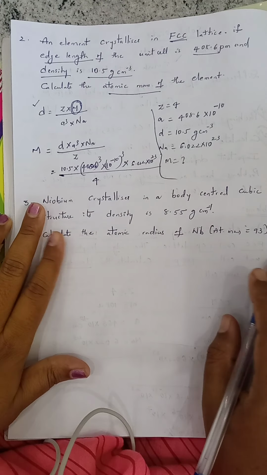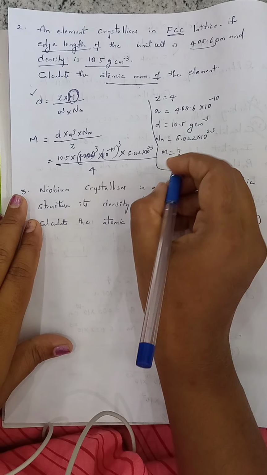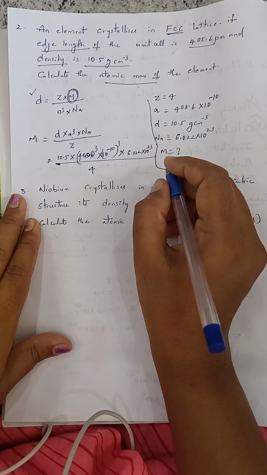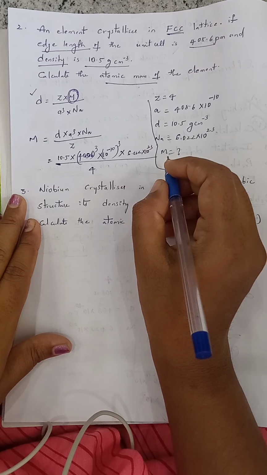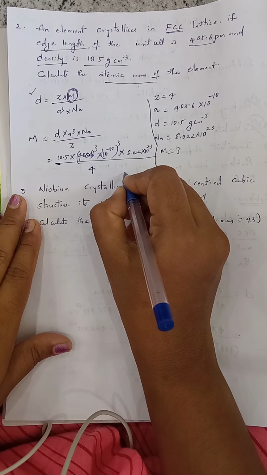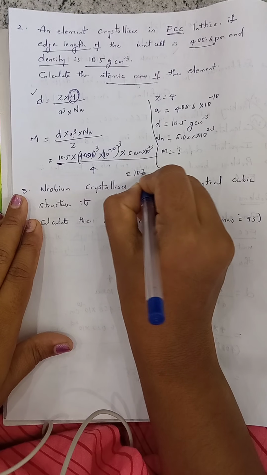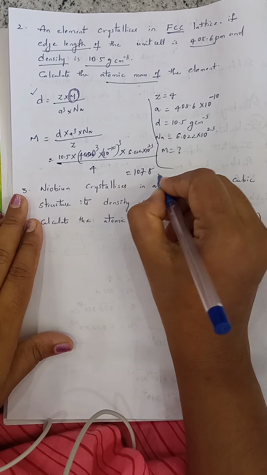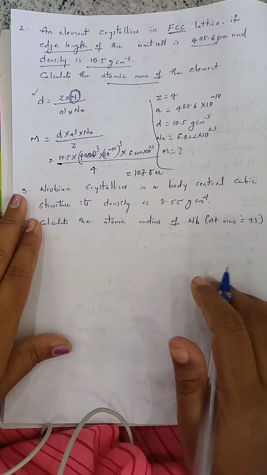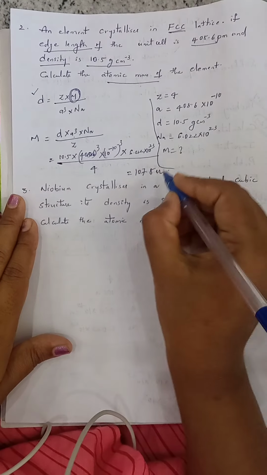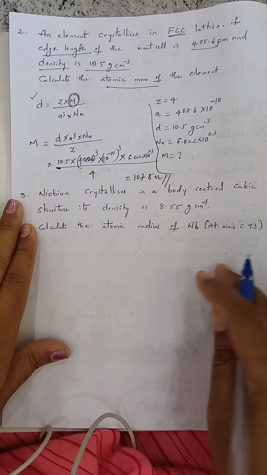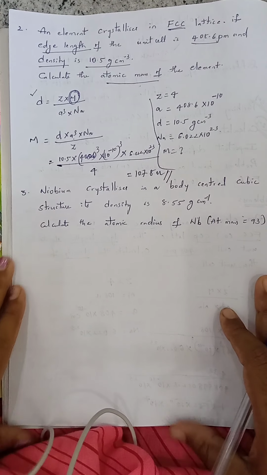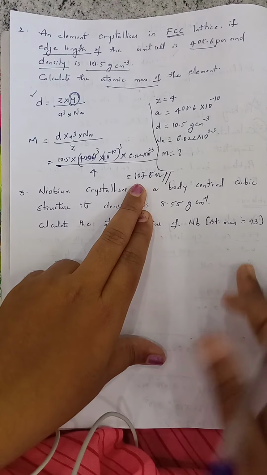You just do the calculation. After doing the calculation, you will get 107.8 unified mass. After doing this calculation, you will get this much atomic mass. What is the atomic mass of the unit cell, or the element present in the unit cell?